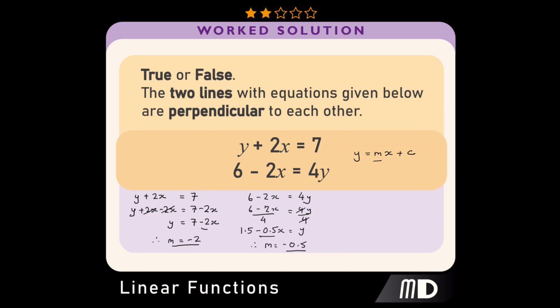If we multiply these two gradients together and we get the answer minus 1, that means they're perpendicular. So let's write that down. Minus 2 multiplied by minus 0.5 equals 1. Therefore, because we don't get the answer minus 1, these lines are not perpendicular.